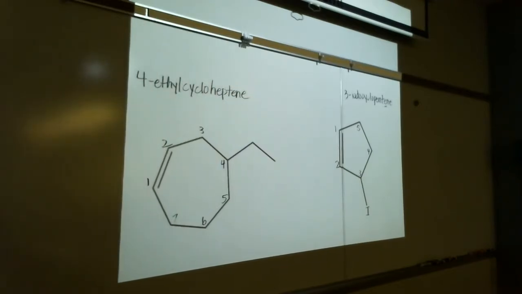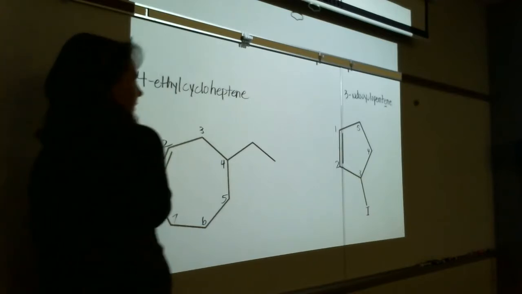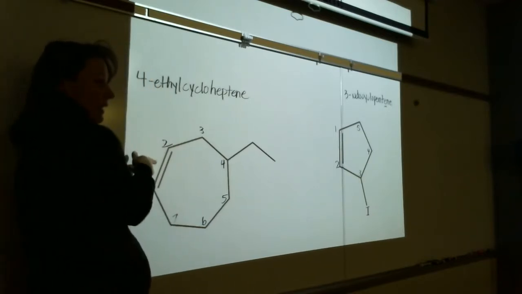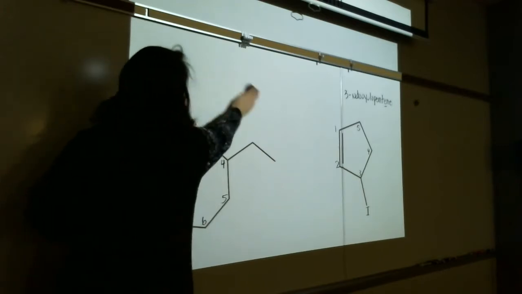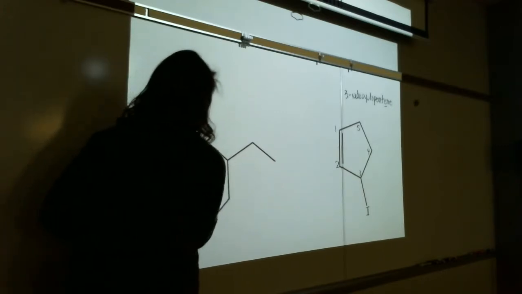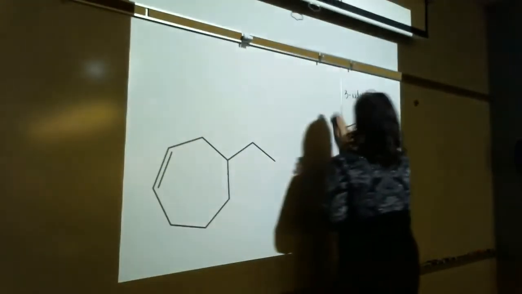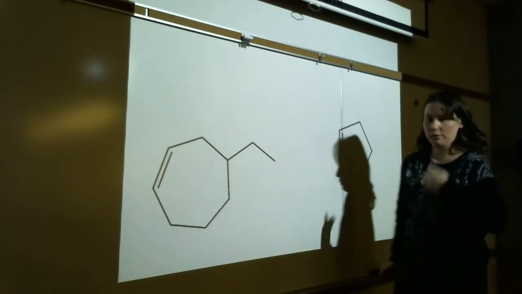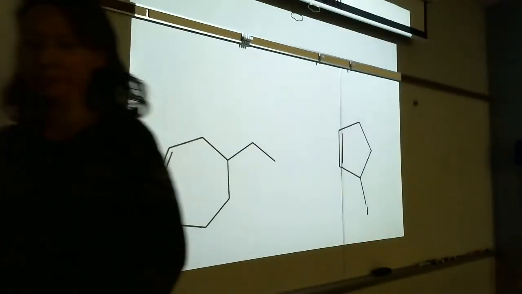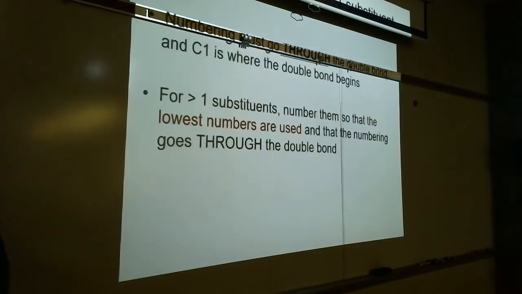We agree? Again, the 1 isn't necessary because if it's an alkene in a ring, by definition, that's number 1. And the molecules that you'll be encountering in elementary organic are a lot less nasty than the ones you'll see when you get to full organic. So this is just intro level stuff. Okay, and again, going through the double bond, using the lowest numbering.